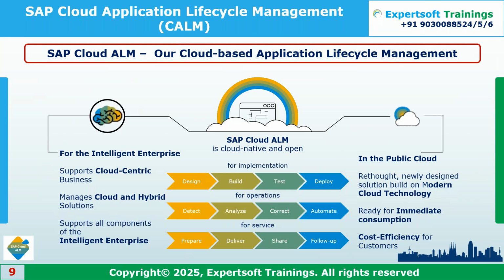So these are all the solutions that SAP Cloud ALM supports and can be seamlessly integrated to Cloud ALM for monitoring purposes. We can also check the service readiness checks for all the on-premise landscapes, whether they want to transform their solution to the cloud.